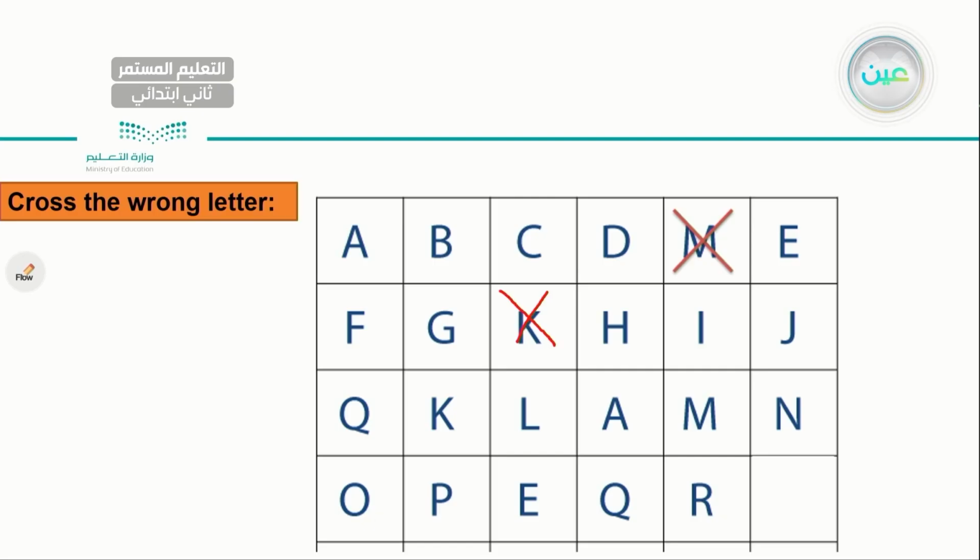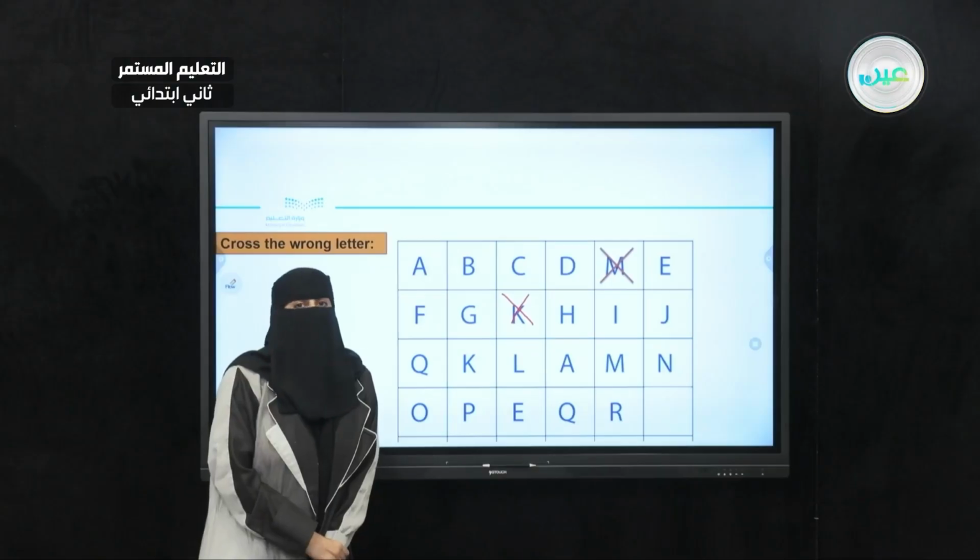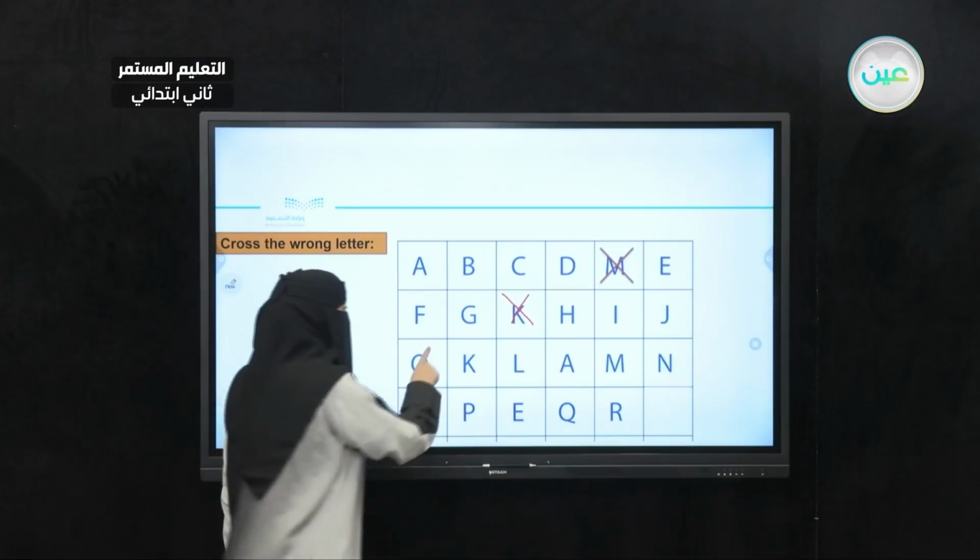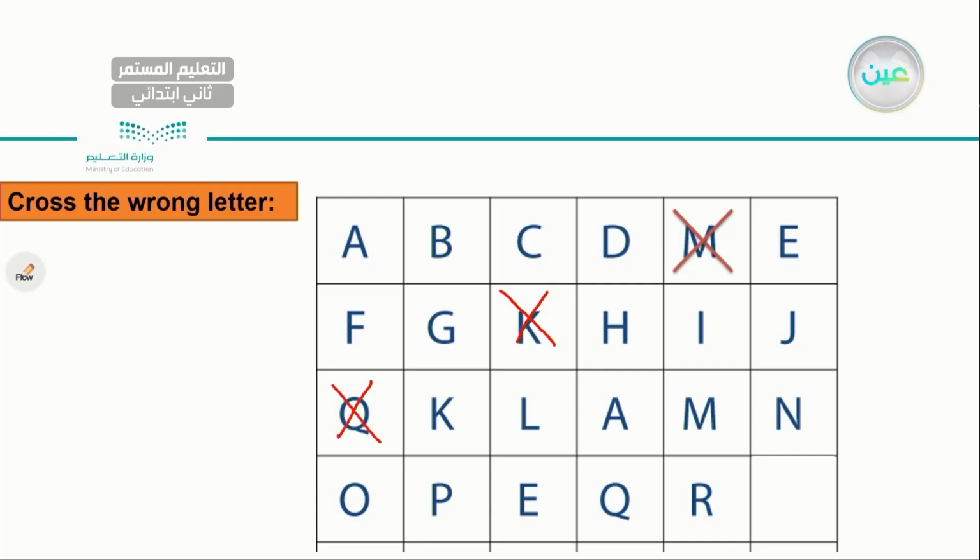So let's go ahead and read. F, G, H, I, J. Okay, what comes next is letter K. But I placed letter Q instead, so it is wrong. Let's go ahead and cross it. Let's read. K, L. Okay, something is wrong here.